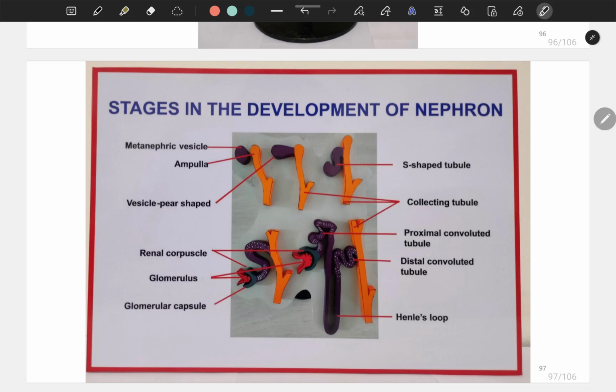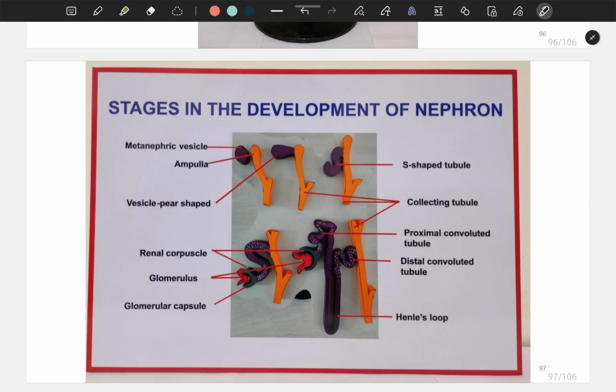The cells of the metanephric blastema in contact with the ampulla undergo differentiation to form a pear-shaped vesicle. This forms a cap-like structure, and the ampulla and the metanephric blastema both get joined by the differentiation of the cells to form a cap-shaped, vesicle, pear-shaped structure.